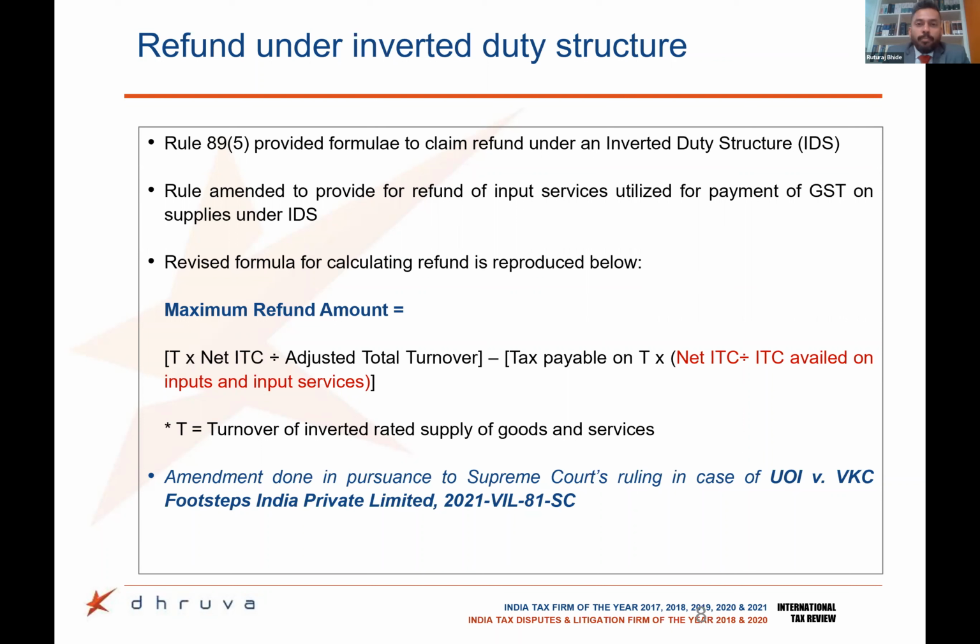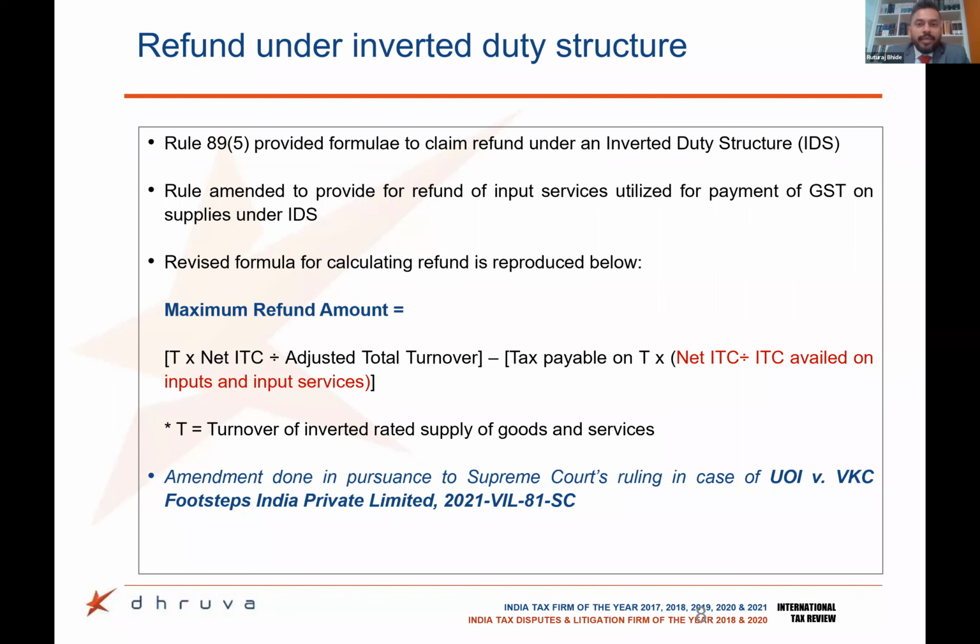So the formula for computation of refund under IDS is being substituted in order to factor the utilization of ITC on inputs as well as input services in the same proportion in which the credit has been taken in a particular month. This is a welcome change, because the effect of this change is that the quantum of refund will essentially go up.